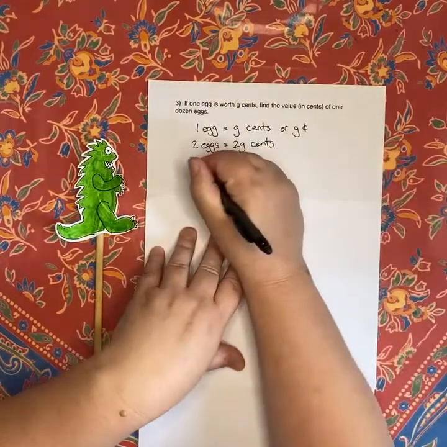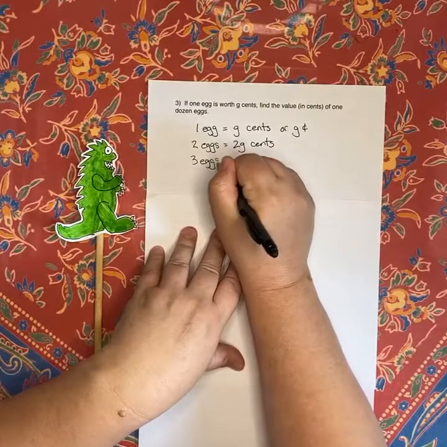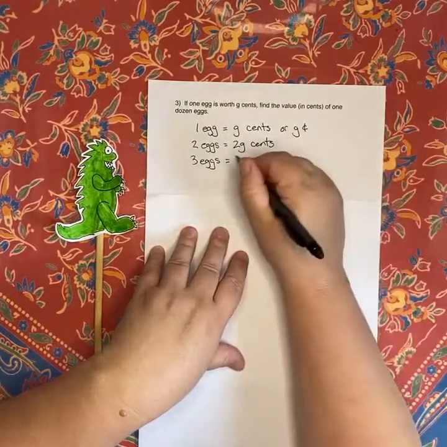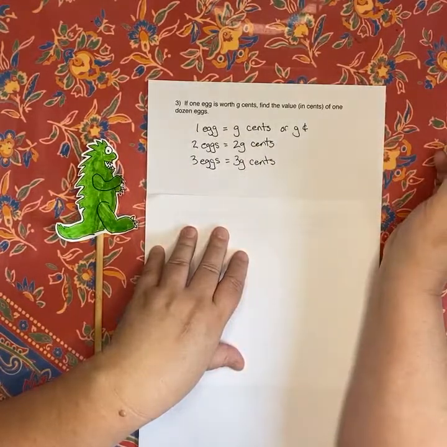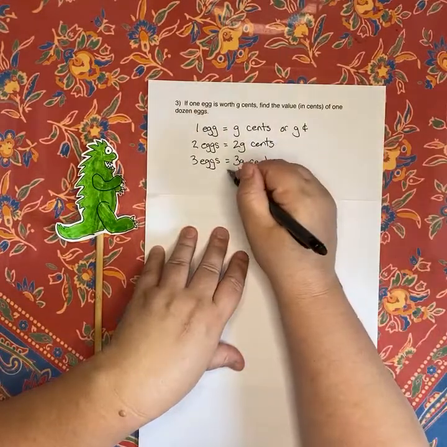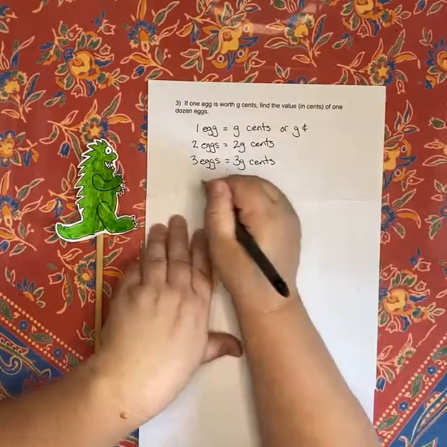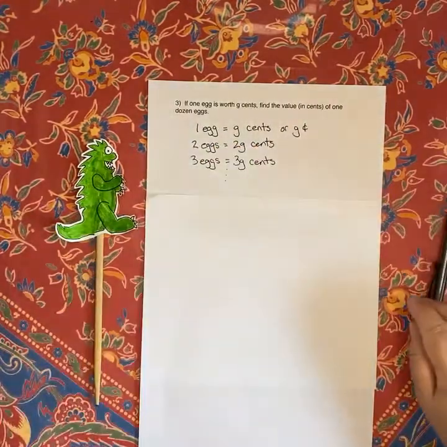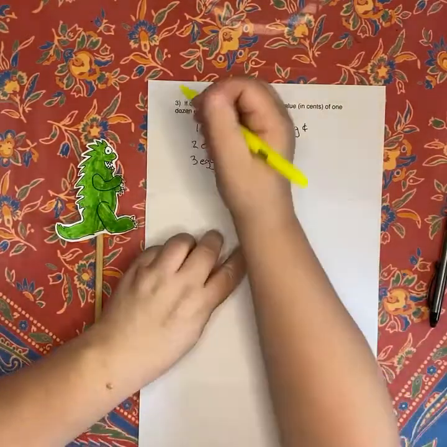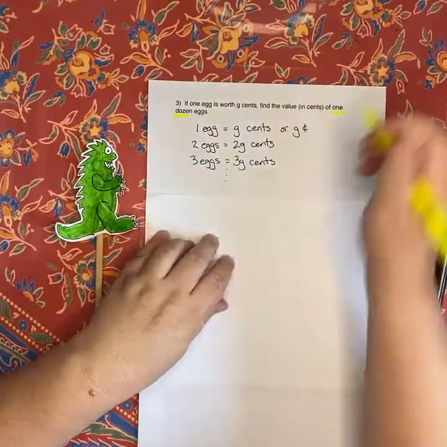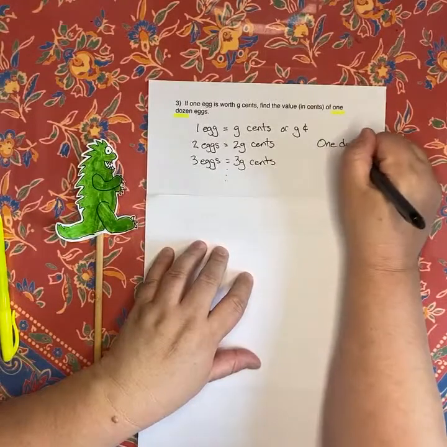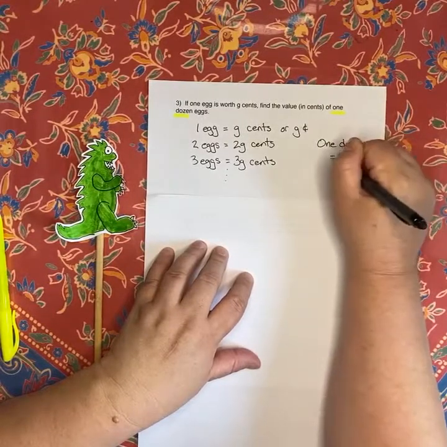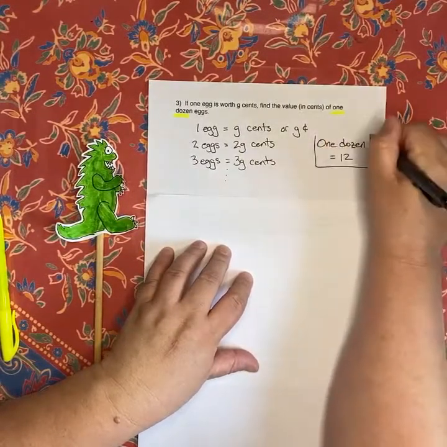There we go. 3 eggs would be 3G cents. Okay, I could keep going, but what if I just skip to 1 dozen eggs? So a dozen, 1 dozen equals 12.